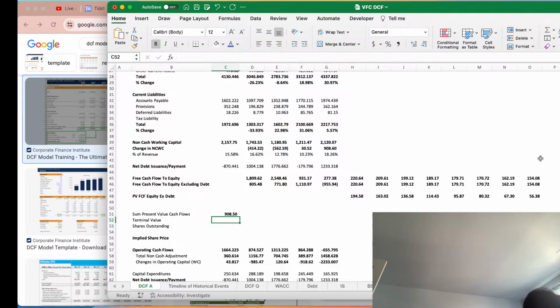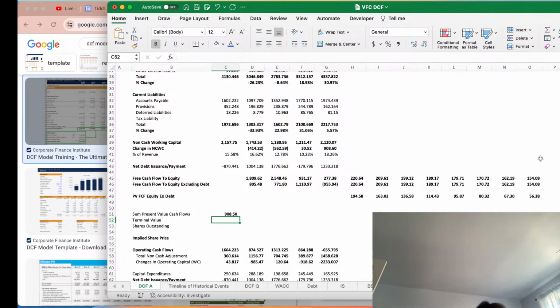Okay. Some finite life. Cash flow times 1 plus g, over r minus g.